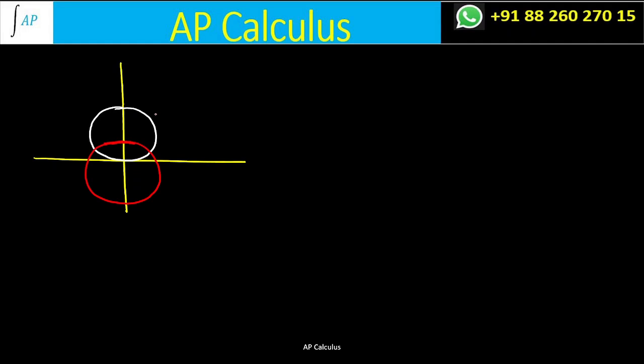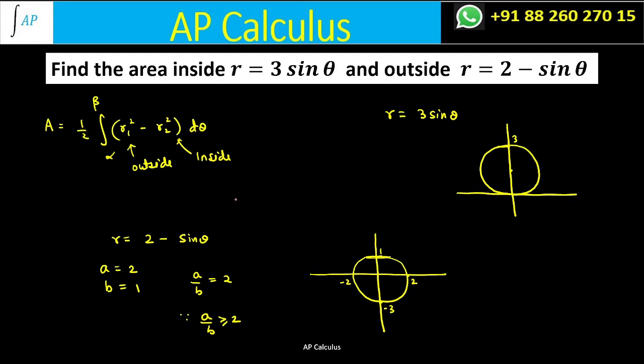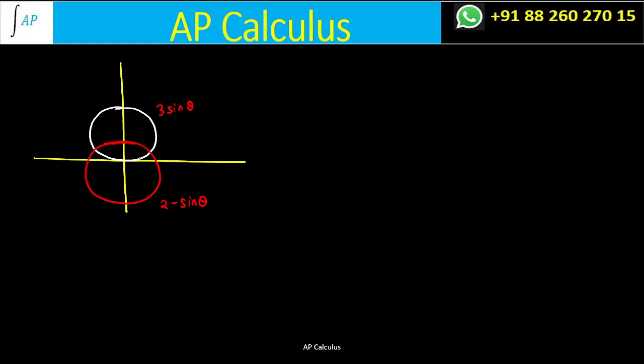This is 3 sin theta and this is 2 minus sin theta. Now it is saying inside the 3 sin theta and outside the 2 minus sin theta, so basically we have to find the area of this particular region.